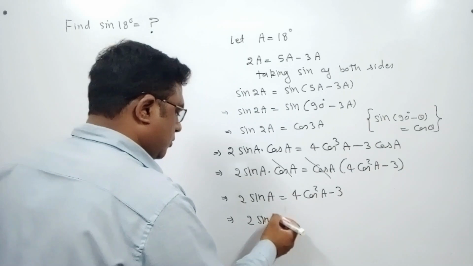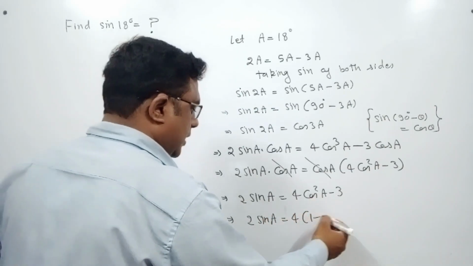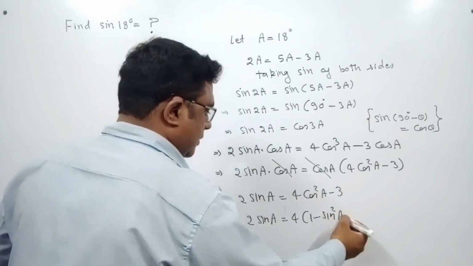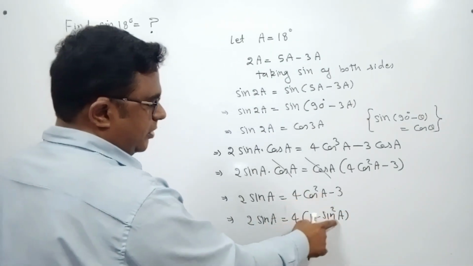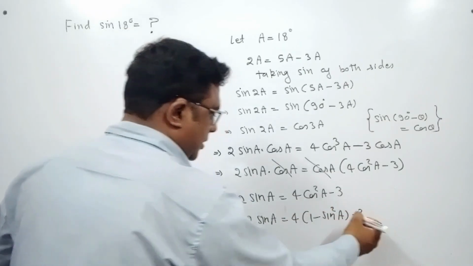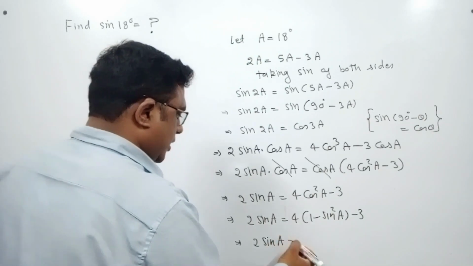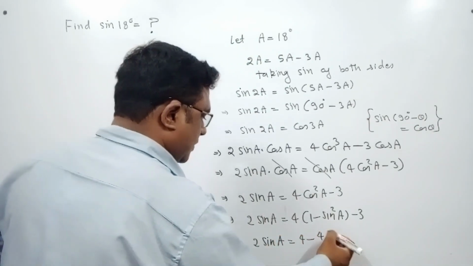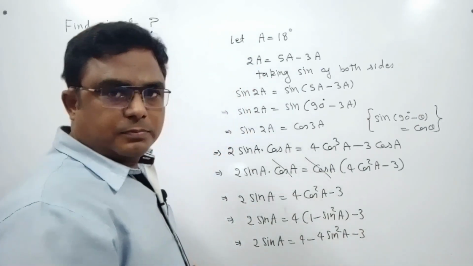You can break cos square A as 1 minus sine square A, again an identity, minus 3. Open the brackets. So 2 sine A is equal to 4 minus 4 sine square A minus 3.